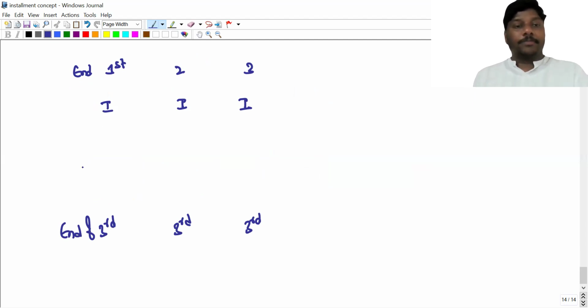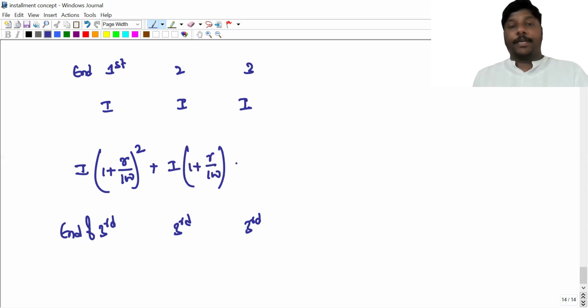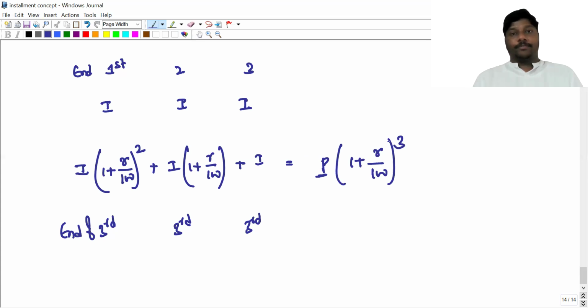So this I becomes I into 1 plus R by 100 whole square. This I becomes 1 plus R by 100, only 1 year. This I has no interest on it, so it becomes I only. P into, the P you have taken in 3 years, it becomes P into 1 plus R by 100 whole to the power of 3. So that's how it becomes, right?